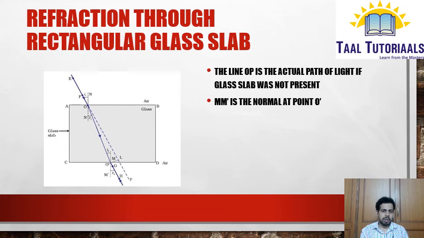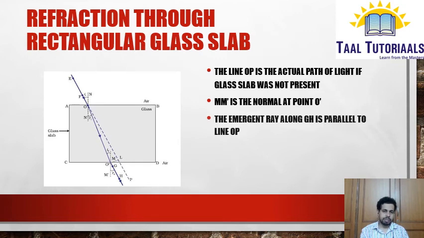M dash is the normal at point O dash. There it is N dash, here it is M dash. The emergent ray along GH is parallel to line OP. You can observe OP in the diagram, the dotted line. For that dotted line, the emergent ray, that is the GH line, is parallel.